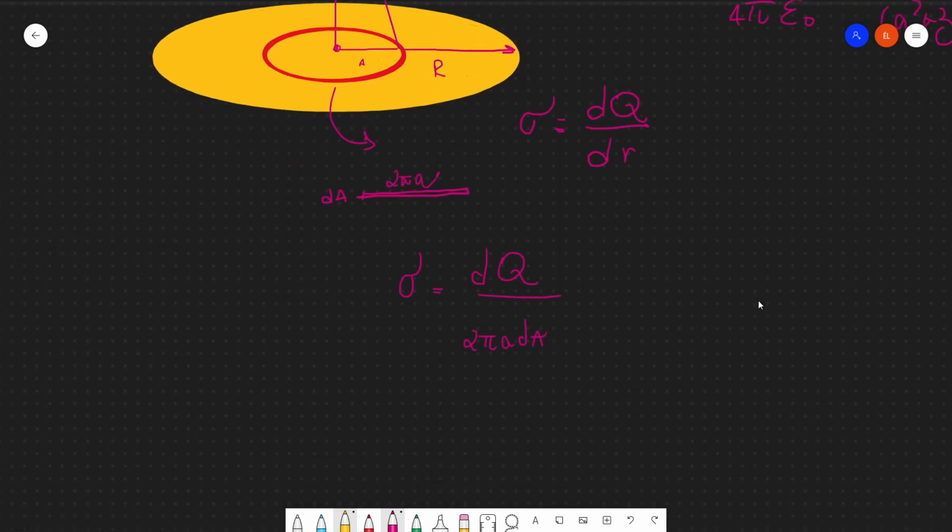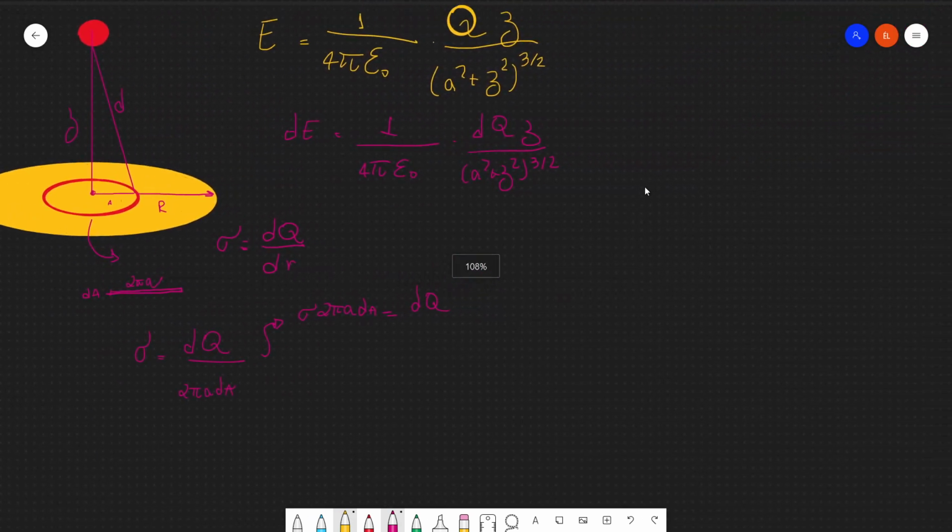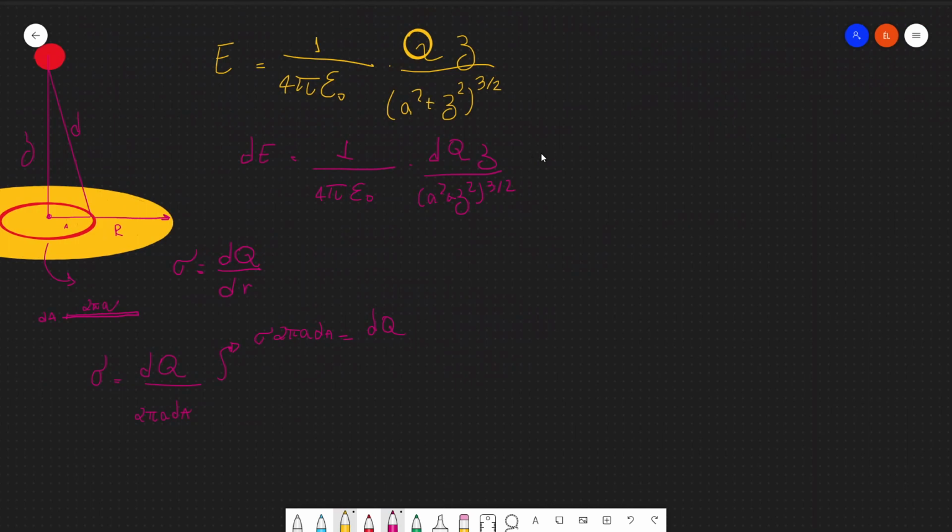And then we can isolate dQ, so dQ becomes sigma times 2 pi A dA. And then we can substitute dQ into the original equation over here.